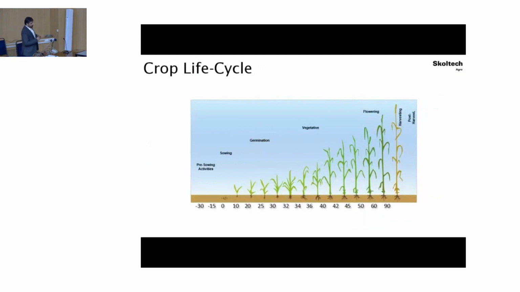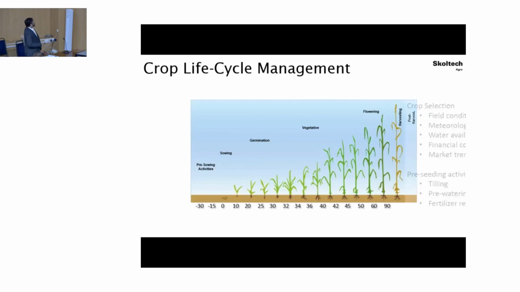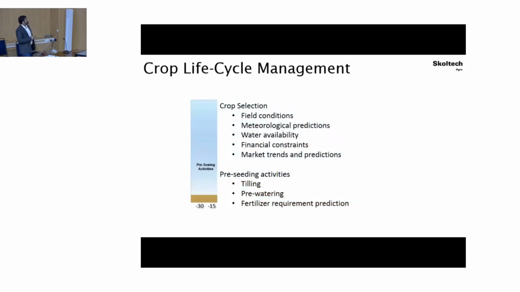So you have the crop life cycle, right? You put the seeds in the ground, it germinates, it starts growing, matures, starts flowering, and then you have the crop which you harvest, right? So how can we manage this crop life cycle? There are pre-sowing activities, which include things like how are the field conditions? What is the health of my soil? Are the necessary nutrients available?